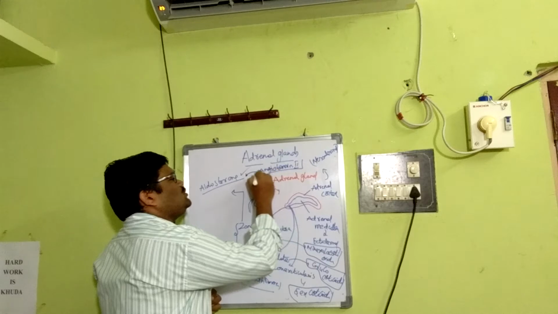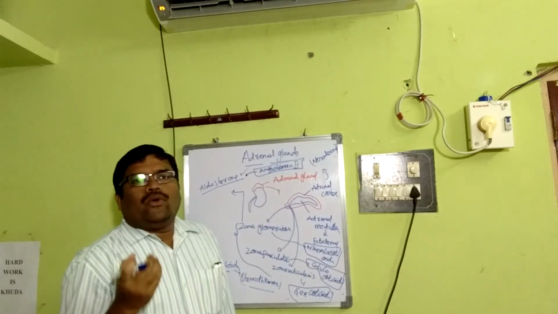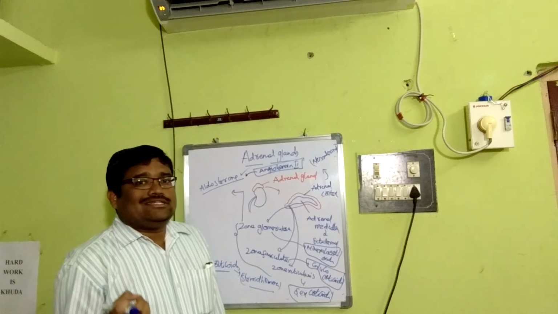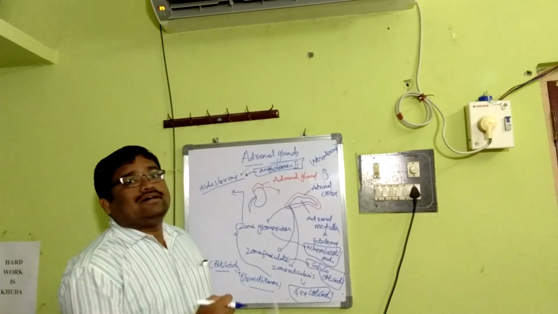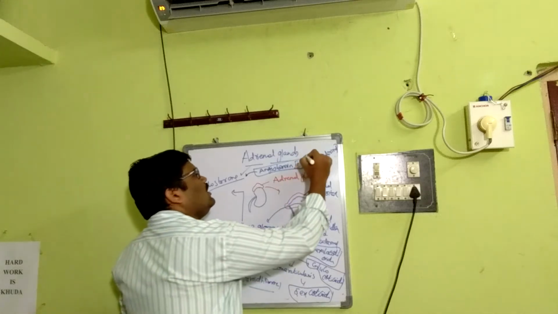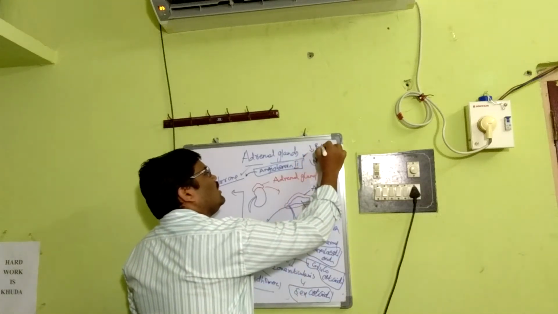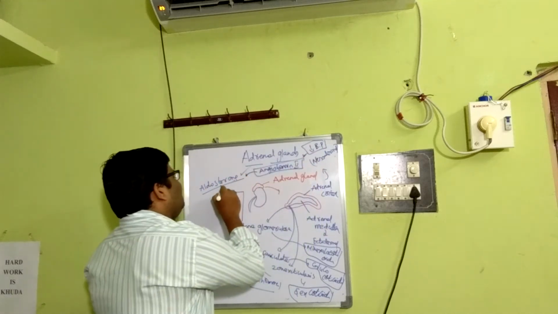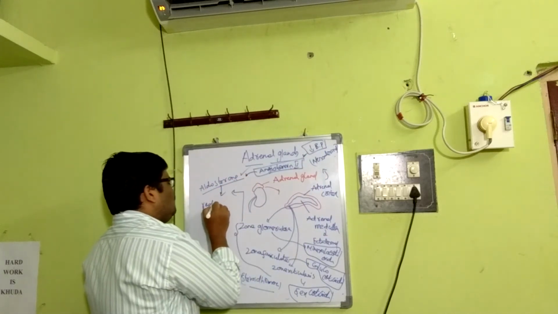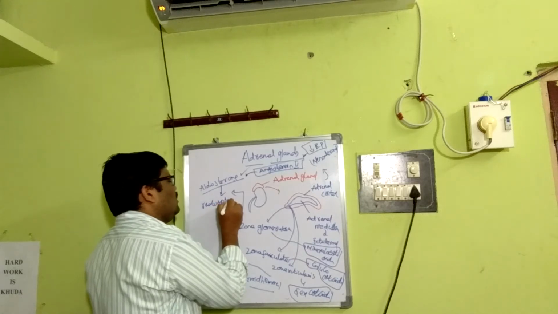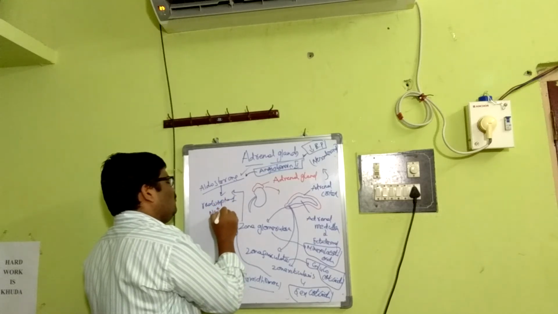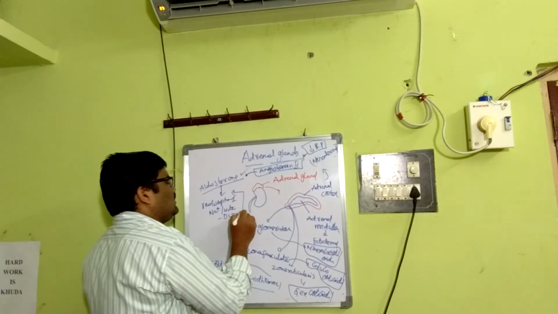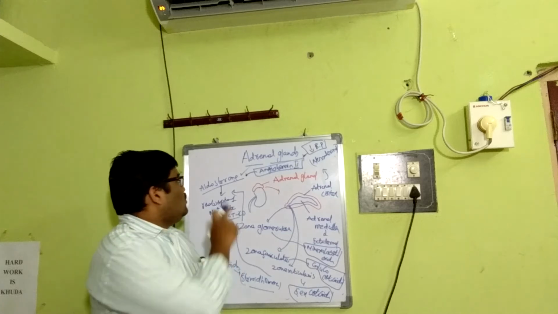From an examination point of view, they might ask which hormone stimulates aldosterone, or which physiological condition stimulates aldosterone. This is angiotensin 2 under low blood pressure. Under low blood pressure, angiotensin stimulates aldosterone, and it leads to reabsorption of Na plus and water in the DCT and collecting duct. This is a major important role of aldosterone.